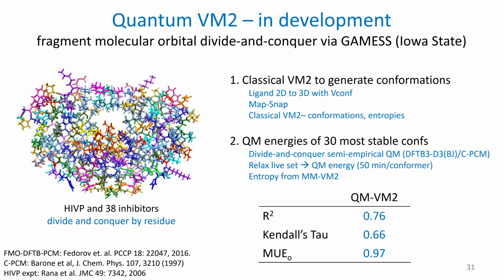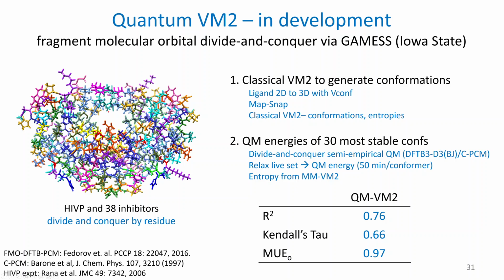So this is a divide and conquer semi-empirical method where the protein is divided by residue. For each pose, we use the QM Hamiltonian or energy functions to relax the ligand just as we would with a force field. And then that gives us a new and more refined QM energy.